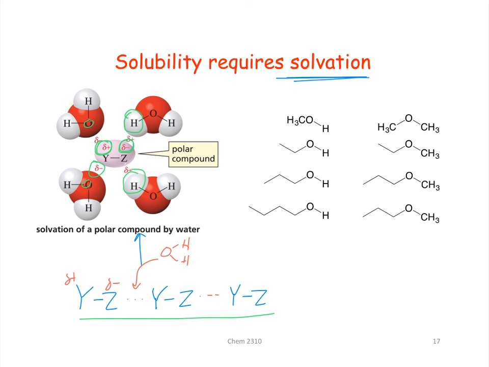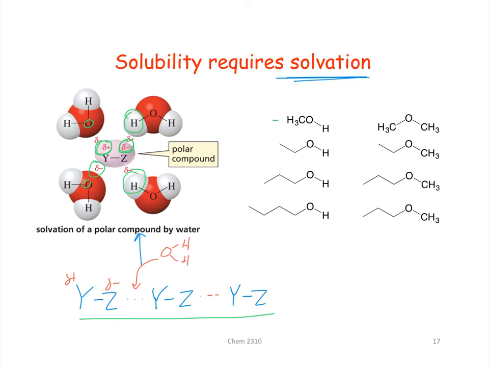So, like I said, it depends essentially on the ratio of polar to nonpolar parts of the molecule. If we look at a series of alcohols, we start with methanol, ethanol, propanol, butanol. The very smallest one, methanol, is very soluble in water.